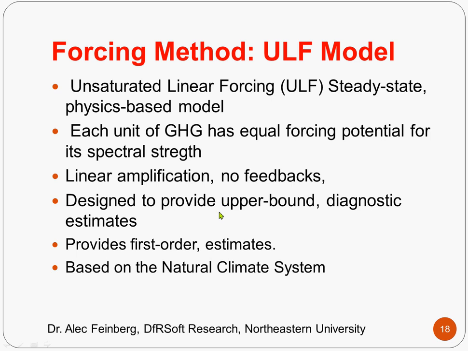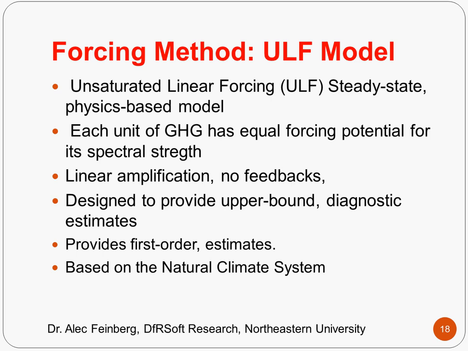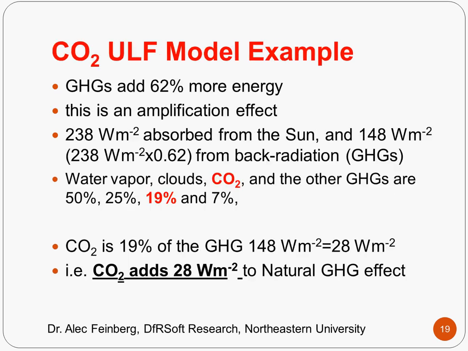So it's a diagnostic tool, and it provides first order estimates. And it's based on the natural climate system, the pre-industrial one. I forgot to mention that this is a pre-industrial iterative diagram before we had forcing. So it's pretty much intact all the way close to 1950, roughly, but people usually talk about it as pre-industrial.